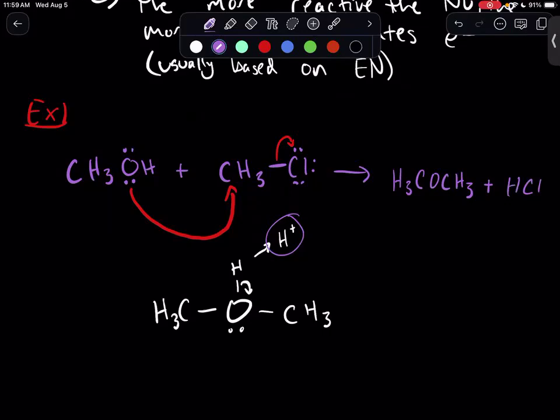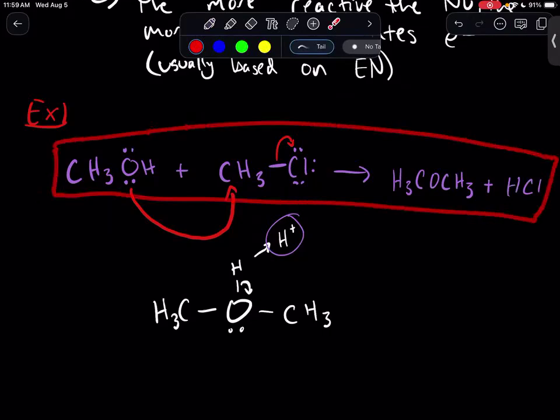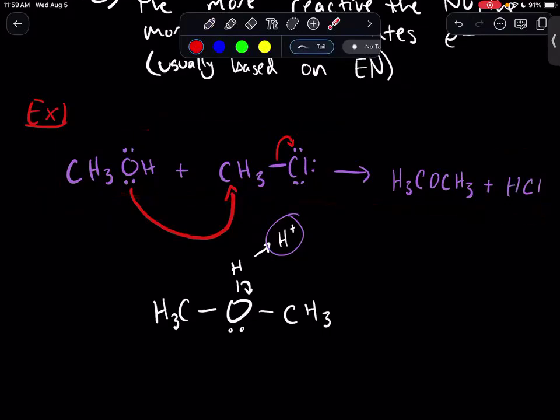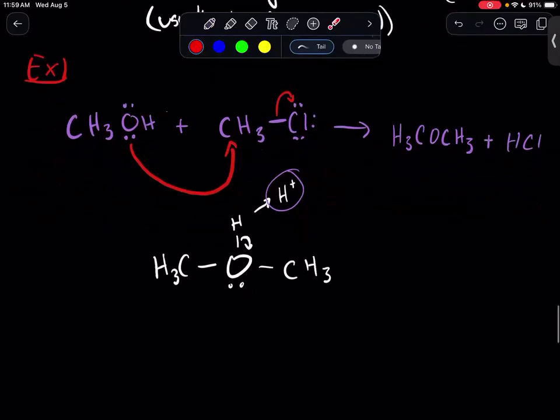And so we still have our leaving group. It just bonds with the hydrogen that gets kicked off our intermediate. So you do get these weird cases, but this is still a nucleophilic substitution reaction. We are just substituting this chlorine with our new methanol. So hopefully this helps, and have a great day.